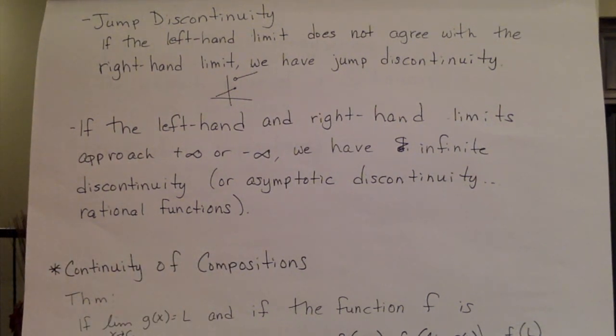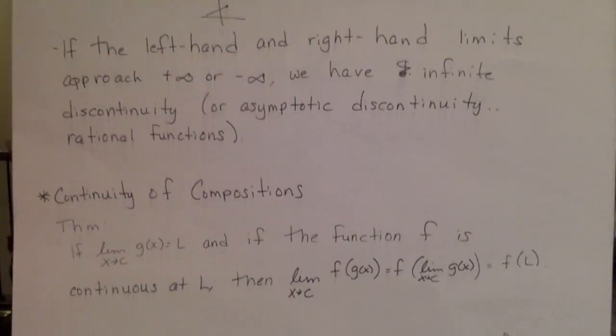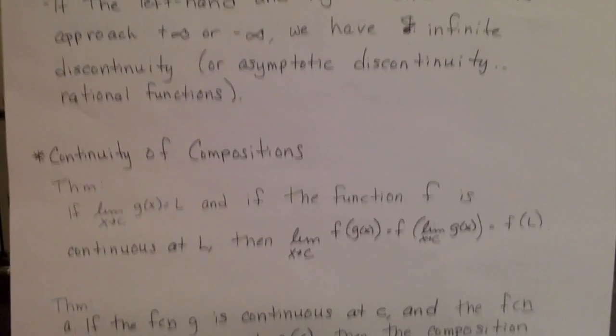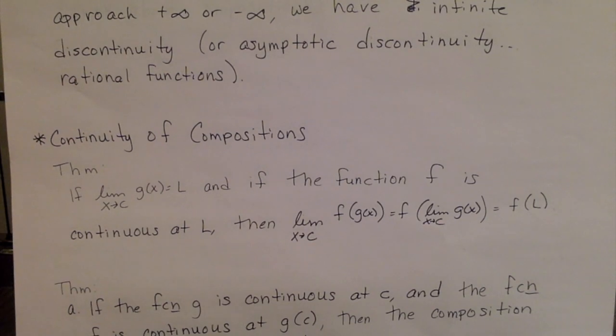Next, we have the continuity of compositions. We have a couple of theorems. We have a lot of theorems today, and then near the end, you'll see a couple of examples of the types of problems you're going to need to be able to do on your homework.